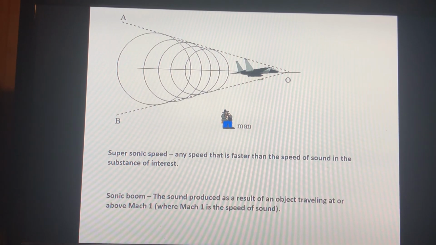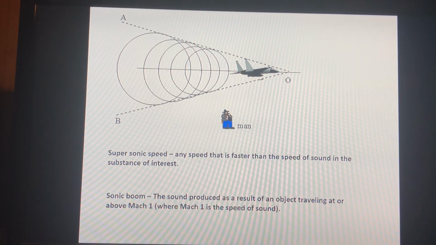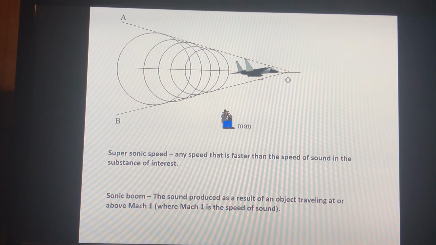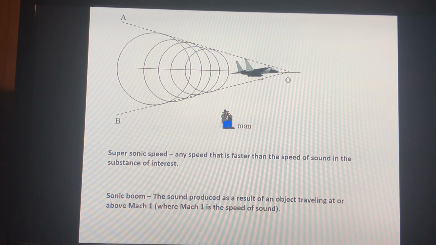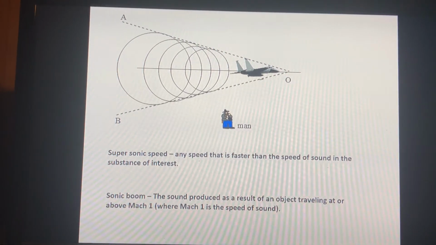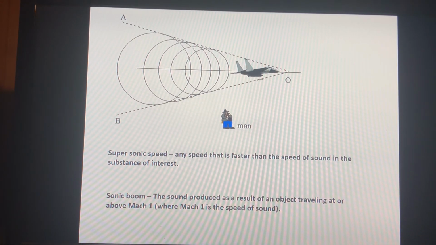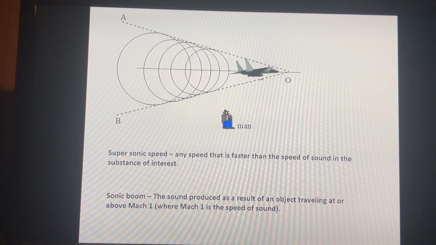So remember that when something goes at or faster than the speed of sound, it causes what is called a sonic boom. And I actually have lived through a sonic boom. I grew up in Long Island, at a time when the Concorde was still flying. It was a supersonic jet that took people from London to New York in about 3 hours, which is an incredibly fast speed.